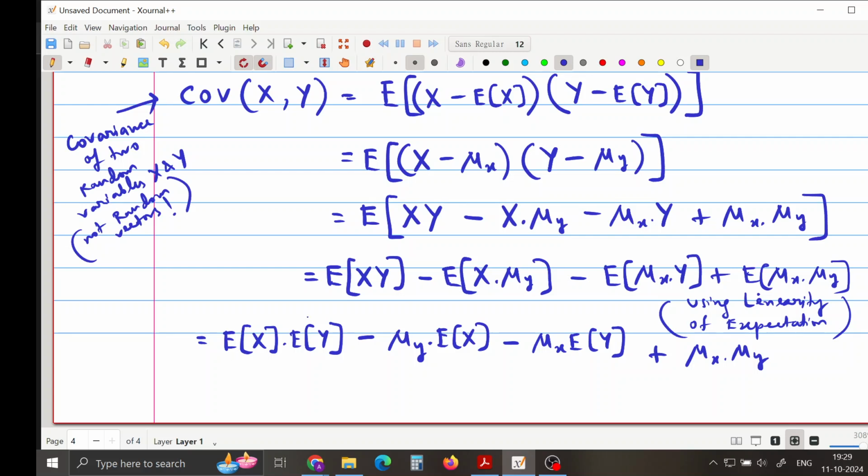Now how was I able to write it as a product of expectations? Since x and y are independent, using independence.